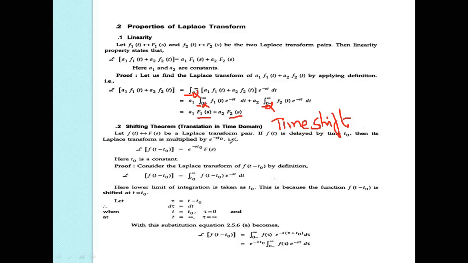That is, the Laplace transformation of f of t minus t naught is equal to e power minus s t naught into F of s. Okay, I will explain here itself.